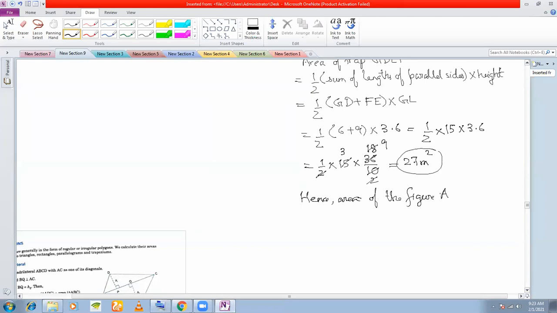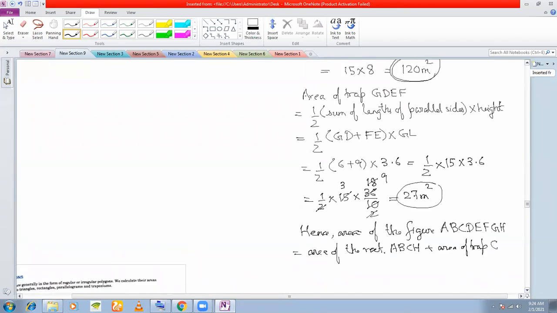What is the figure? In the question, you can see A, B, C, D, E, F, G, H. The entire figure is equal to area of the rectangle ABCH plus area of trapezium GDEF, which is equal to 120 plus 27, is equal to 147 meter square.